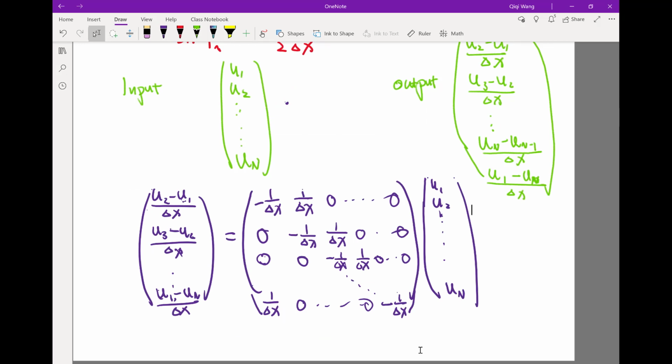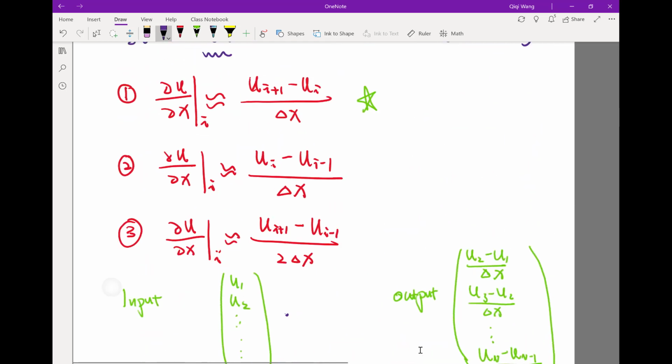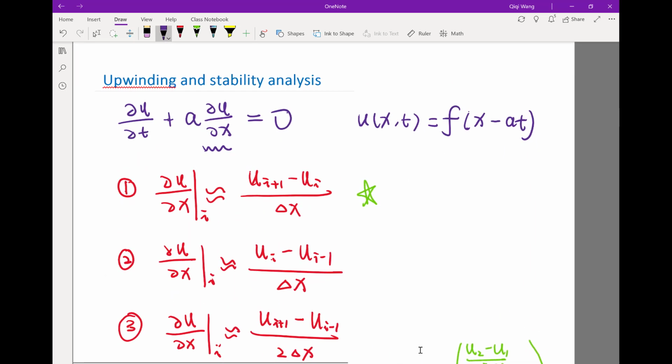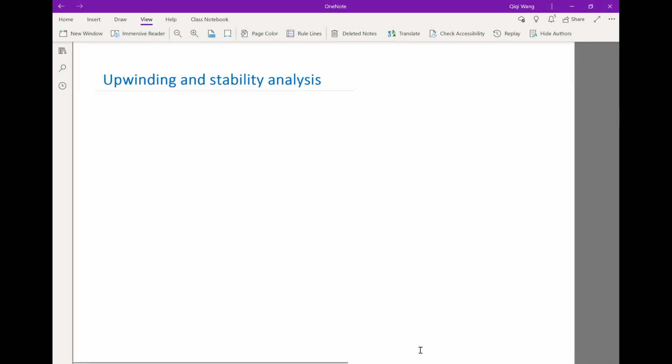Now let's look at my differential equation. We have called this matrix A, right? Essentially, the spatial derivative is approximated by A times U. Now if I write down on the next page, I have the d of U1 up to UN over dt.